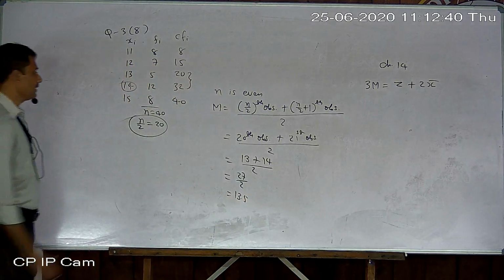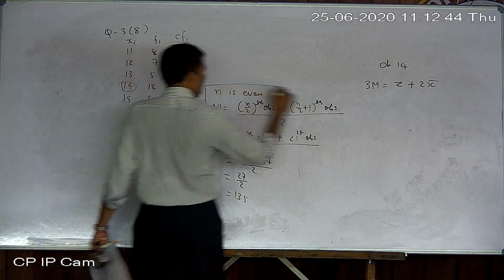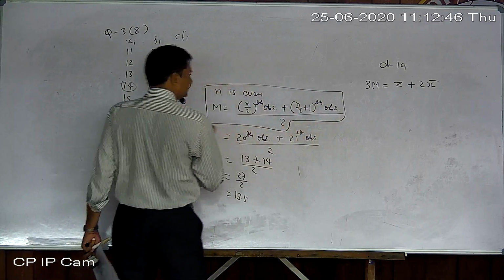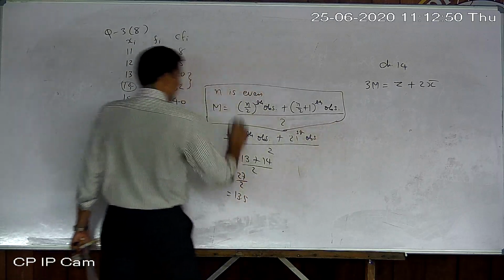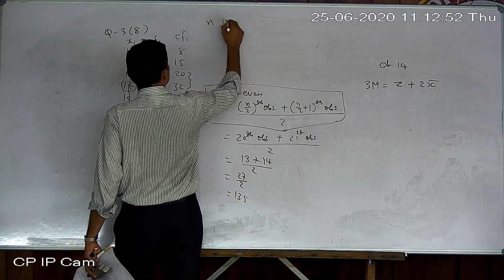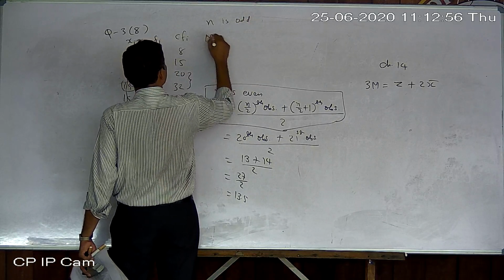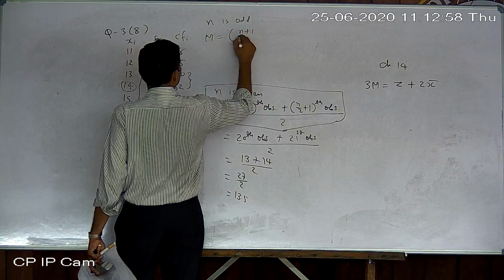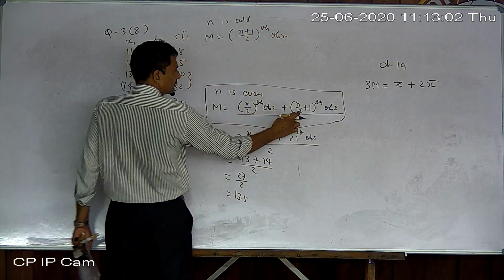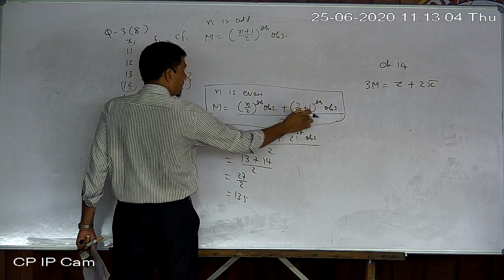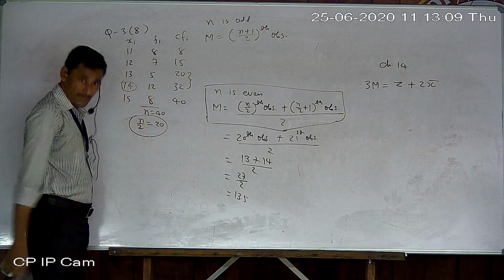Okay. And if n is not even, write down this formula. It is given in the textbook also. Suppose n is odd, then median equals the n plus 1 by 2th observation. These two are different: n by 2 plus 1 earlier, and here n plus 1 by 2. Why? Because an odd number cannot be divided by 2.